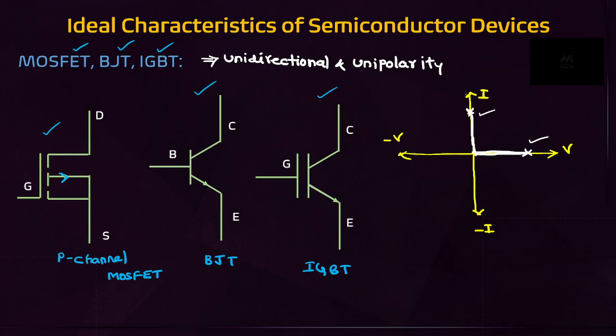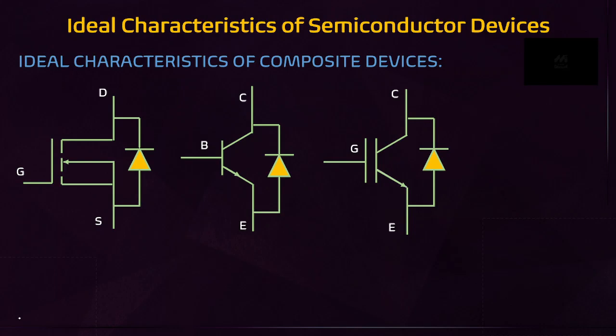This observation is the basic, friends. Then the ideal characteristics of composite devices. This is MOSFET with anti-parallel diode. This is BJT with anti-parallel diode.